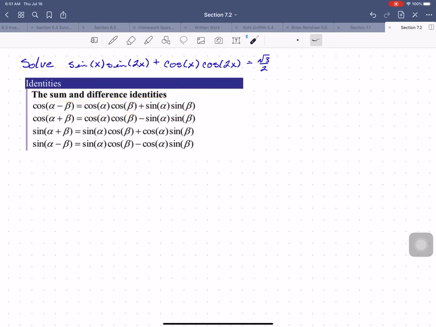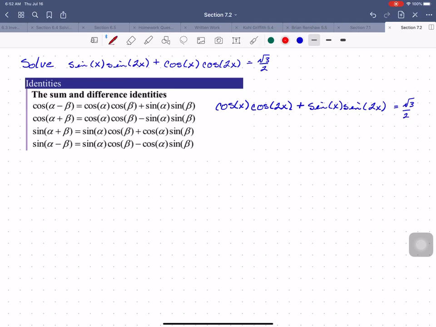But I remember that I can add in any order, so I'm going to rewrite my equation to be cosine x times cosine 2x plus sine x times sine 2x equals square root 3 over 2.